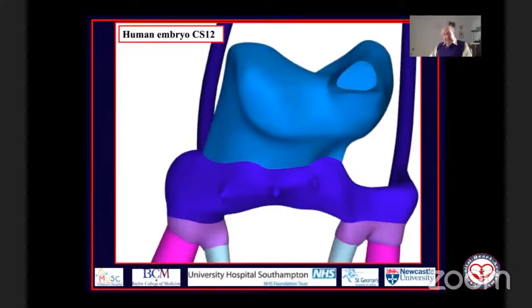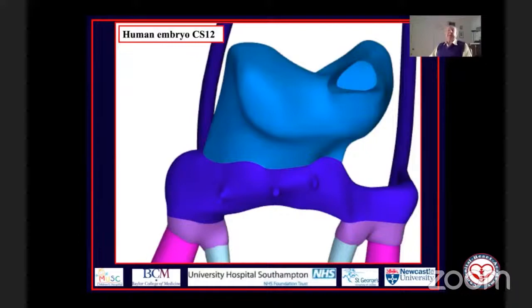This work is now available for you in a paper published in Communications Biology. And we've illustrated the findings from Carnegie stage 10 through to Carnegie stage 23, which represents the end of the embryonic stage of development.